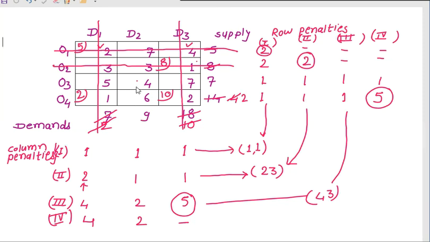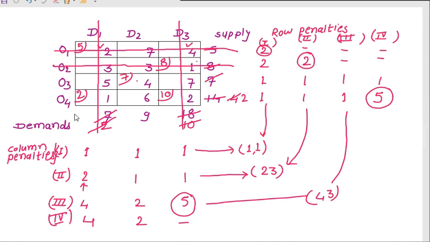Now these 2 cells are left at D3. This is the second warehouse. Requirement is 9. And how many units are left now? 7 plus 2, 9 units are left. 9 are required. So we allocate 7, or we transport 7 units which are available at the third factory to D3.